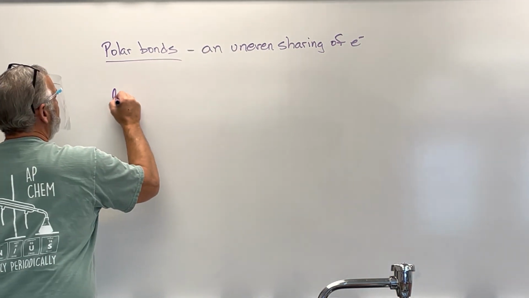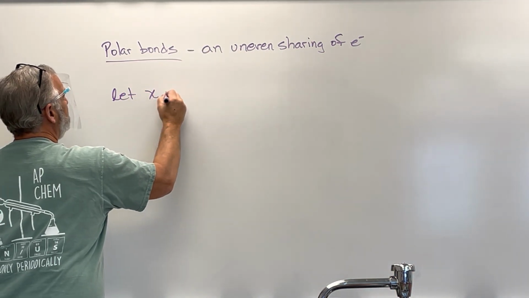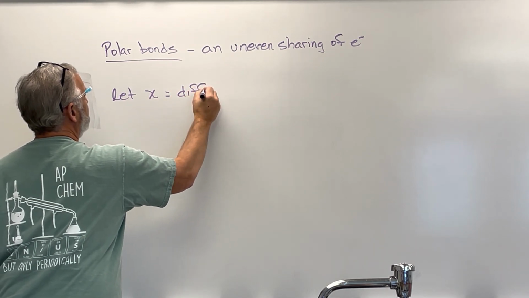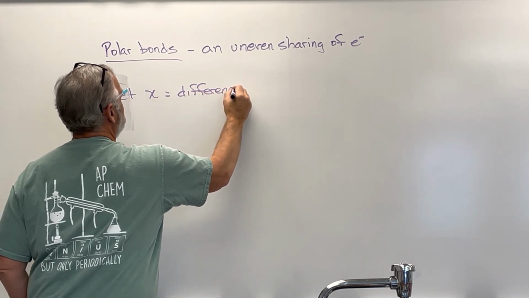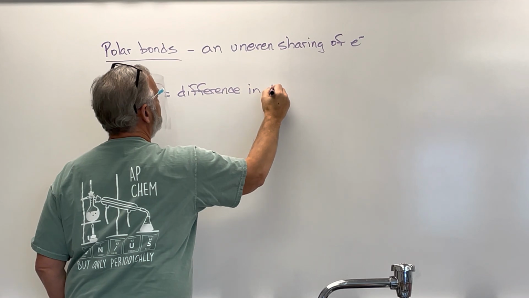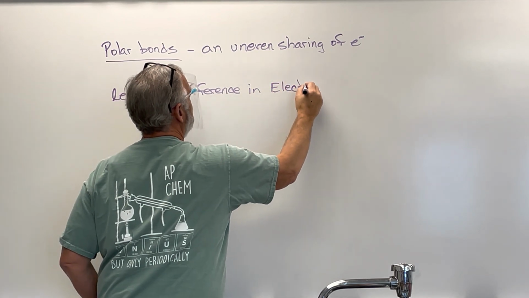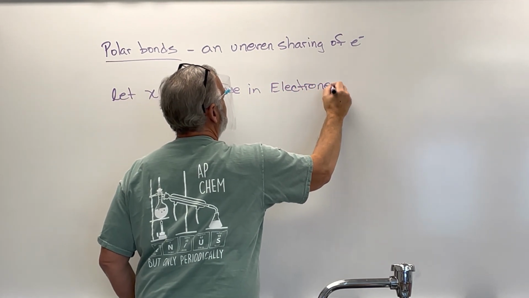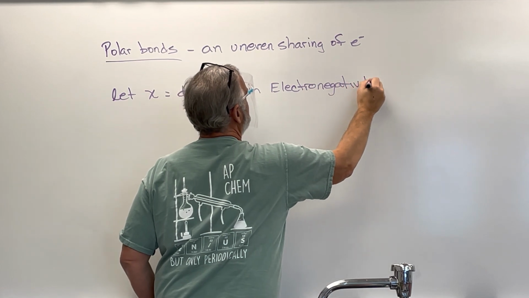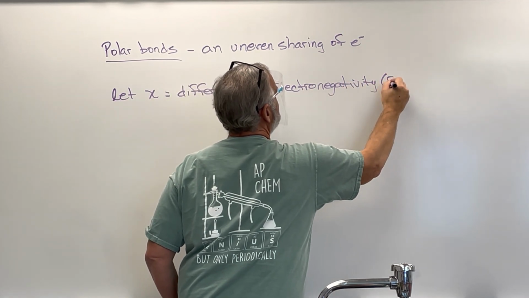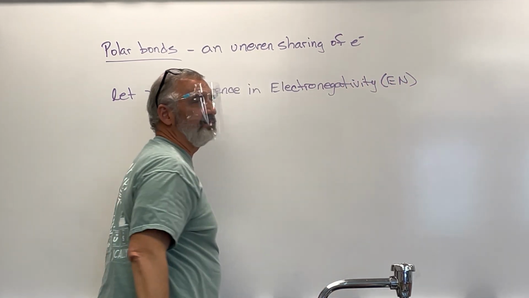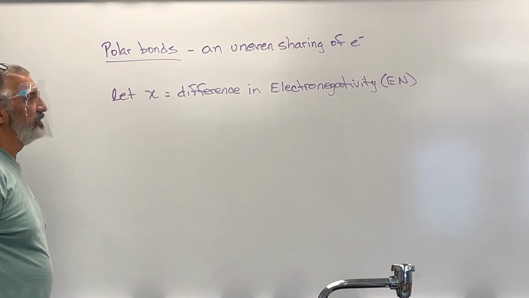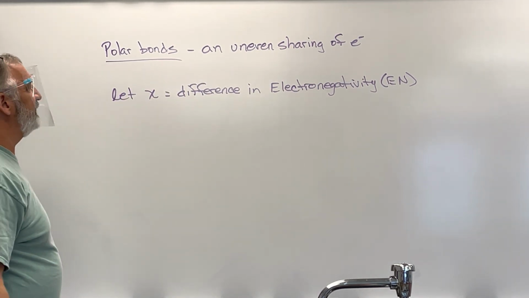Okay, so we're going to let X equal the difference in electronegativity. And I don't like to write this word out, so I'm going to abbreviate it after I write it this one time. From now on, I'm just going to say EN, electronegativity. Does anybody remember what electronegativity is?